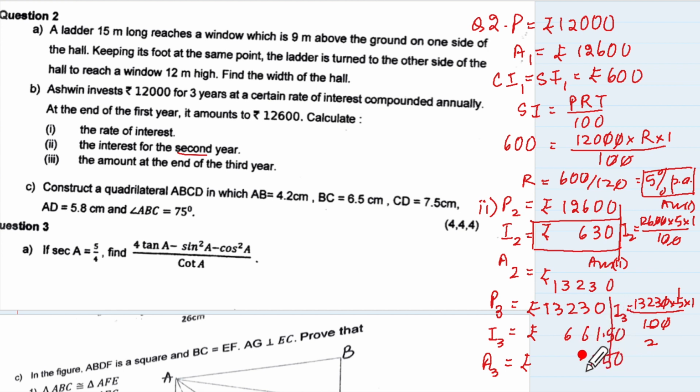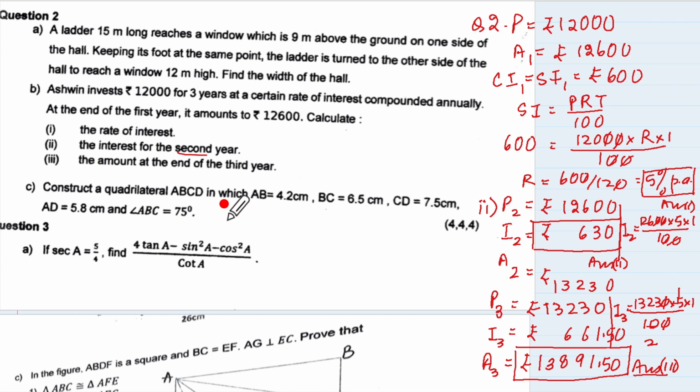This is 1, this is 9, this is 8, this is 3 and 1. 13,891.50. Let me just make this a little bit neater here. And that is our answer 3. Okay, understanding? Okay.